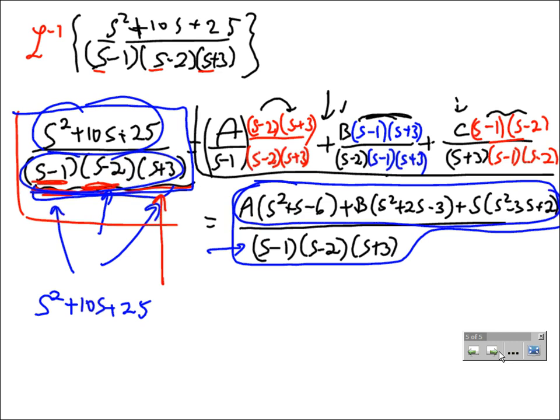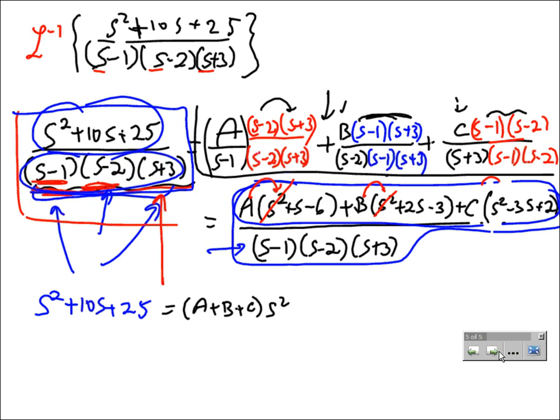Well, this numerator has a s squared plus b s squared plus, that should be a c, plus c s squared. So we have (a plus b plus c) s squared.